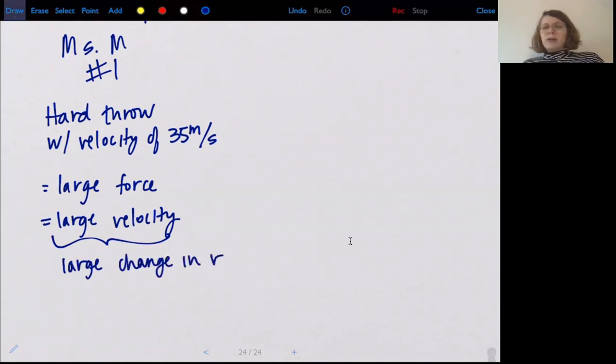What I mean by that is if I throw the ball as hard as I possibly can at 35 meters per second, that means as soon as the ball leaves my fingers, it's traveling at 35 meters per second, and then it's going to stop, right?